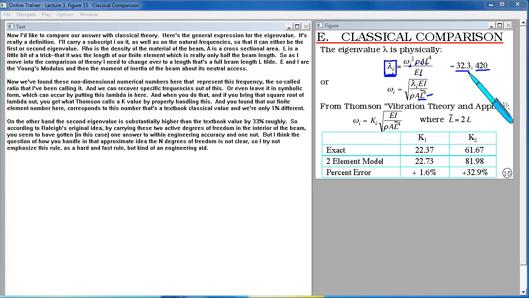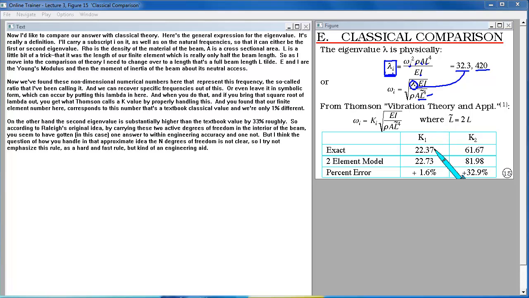And we can recover specific frequencies out of this or even leave it in symbolic form, which can occur by putting this lambda in here. And when you do that, and if you bring that square root of lambda out, you get what Thomson calls a k value by properly handling this.